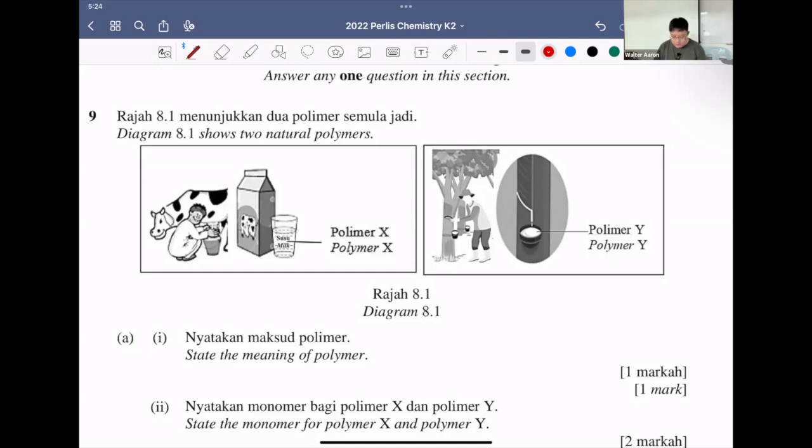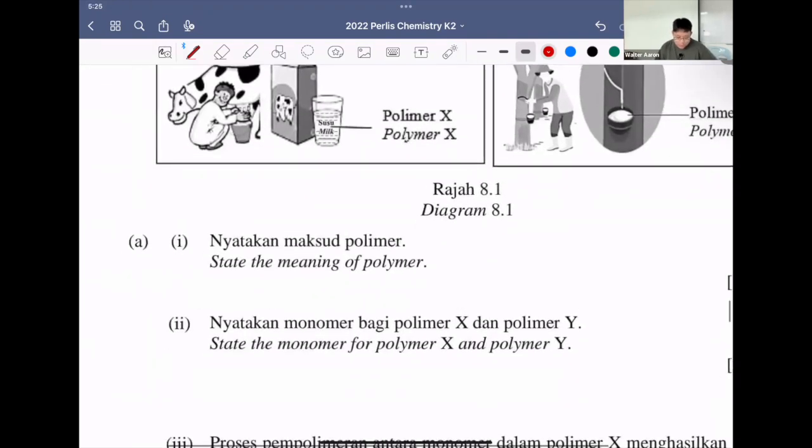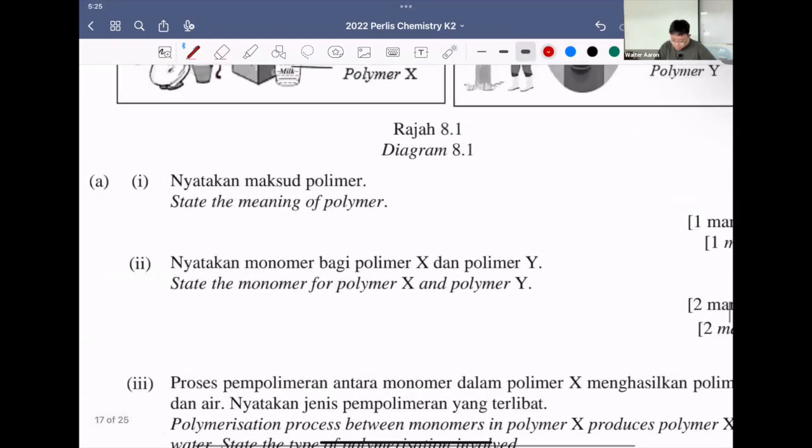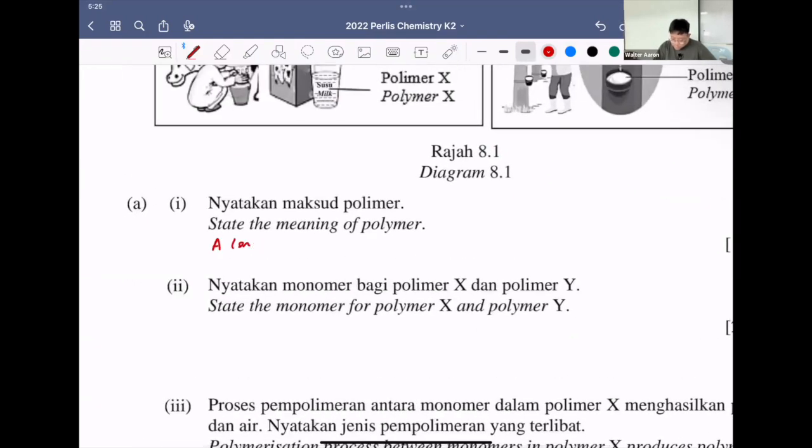You can say here it is a long chain molecule that is produced from the combination of monomers.